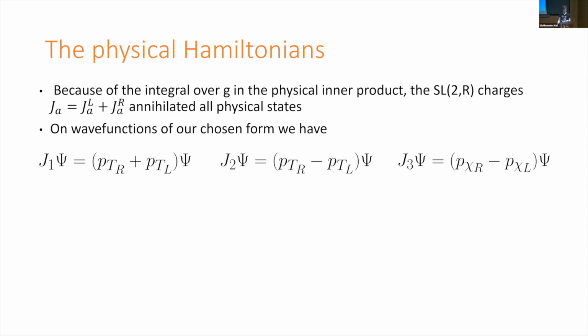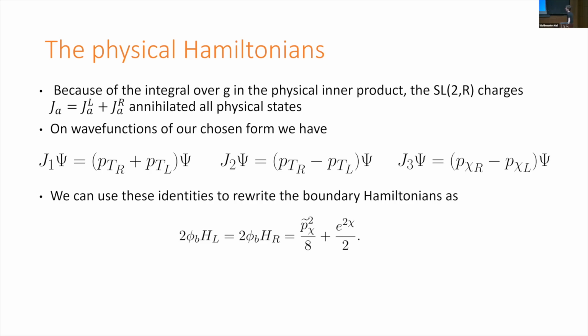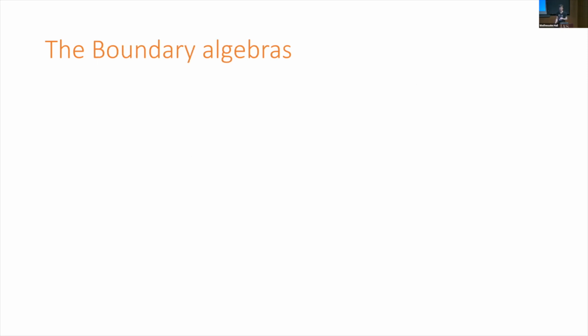After a load of work, what you end up finding is that the two boundary Hamiltonians can both be rewritten as just p chi squared over 8 plus a half e to the 2 chi. This is exactly the Hamiltonian you saw in Henry's talk or something like that. We were just a little bit more careful in how we derived it, but it's basically the usual story. This has a purely continuous positive spectrum, and just consists of scattering states.